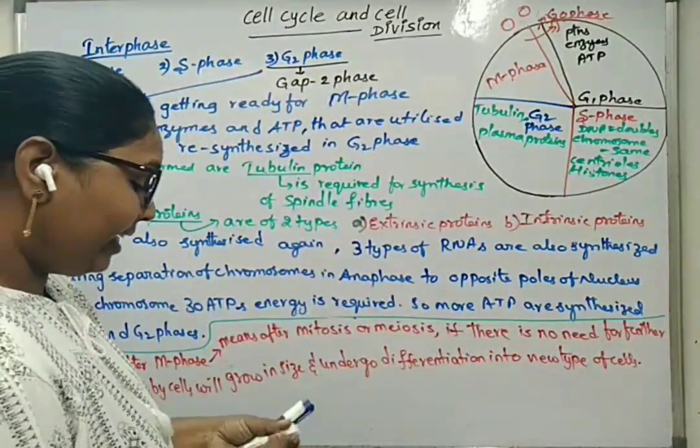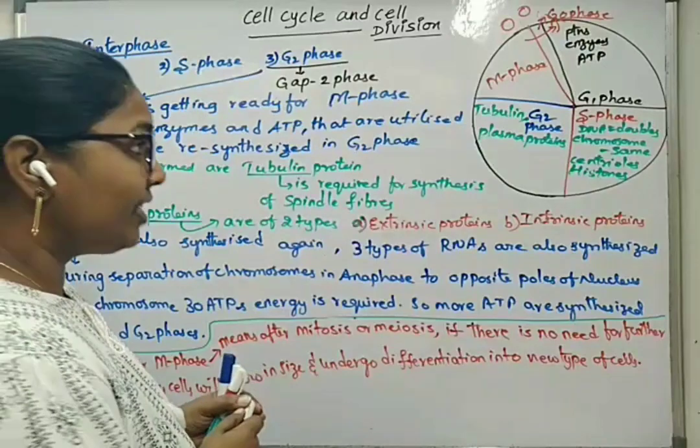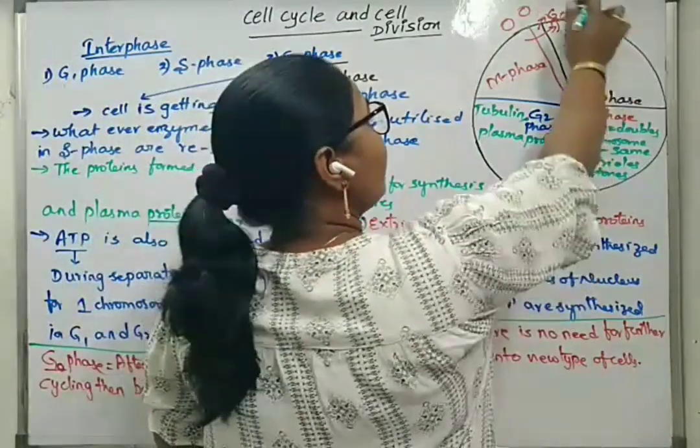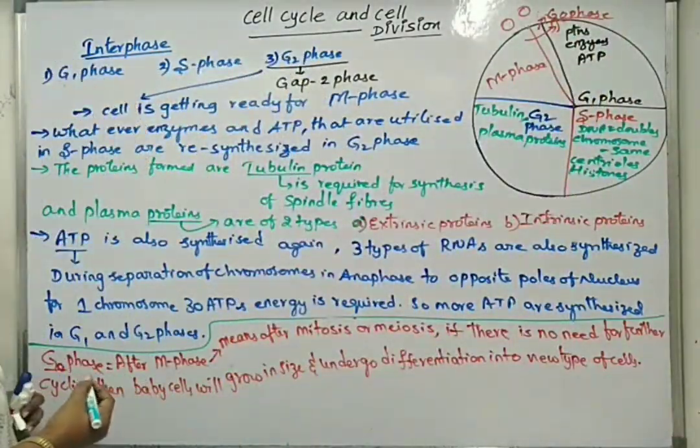So entering into G0 phase is happening from which phase? After G1 phase, at the end of G1 phase.